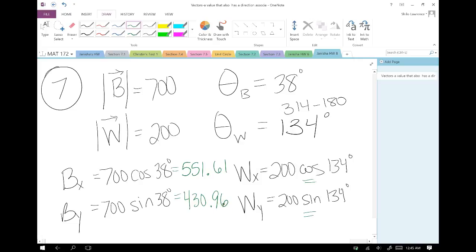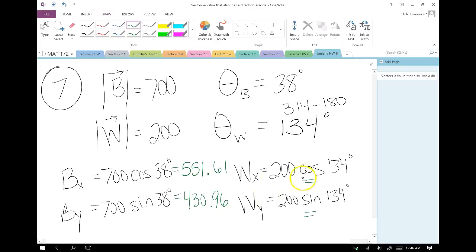And then for our wind, we've got to do 200 cosine of 134, which comes out negative. So remember in the last problem why that happened. 134 degrees is in quadrant 2. To get to quadrant 2, you've got to use a negative x coordinate.